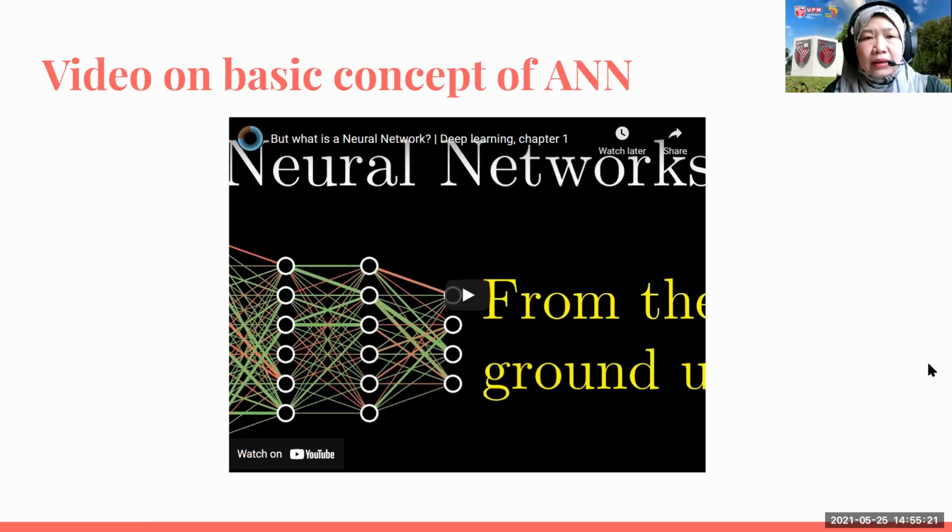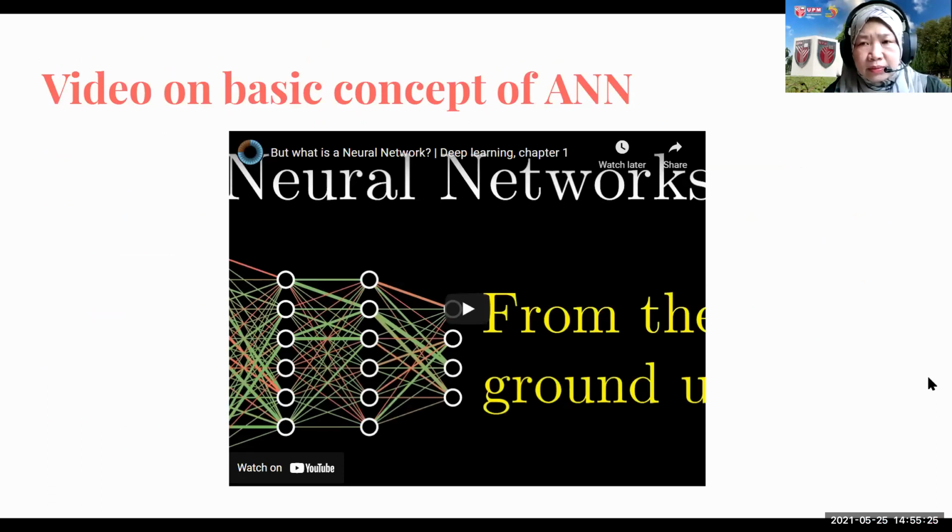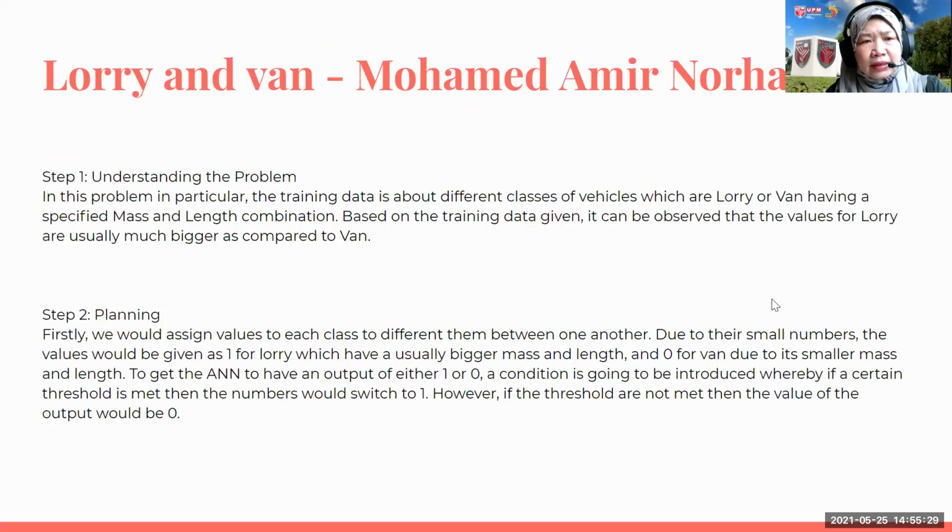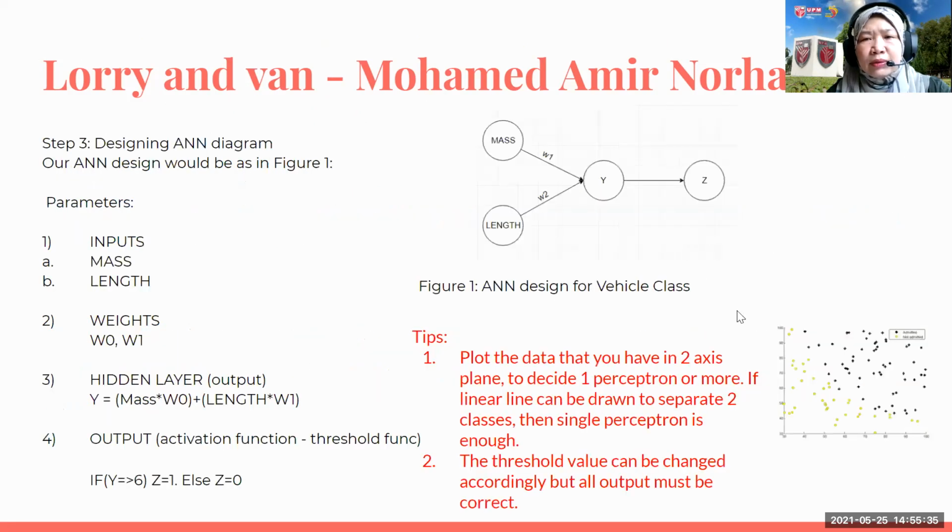And then I also include additional references. These are some of the examples. Maybe later I will give you the problem that you have to solve using machine learning. But these are examples of exercises that we have done in class.